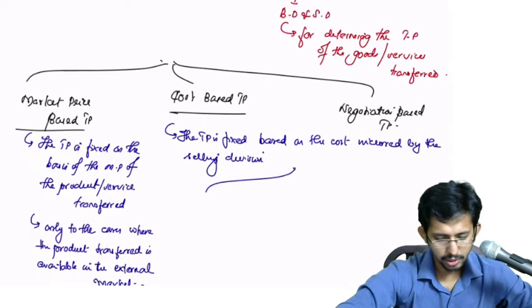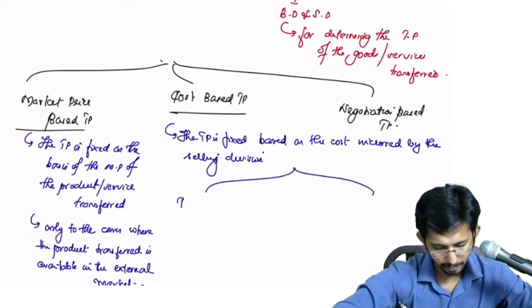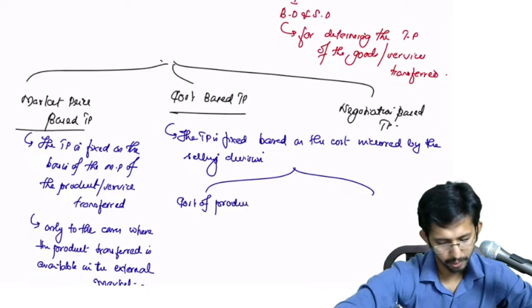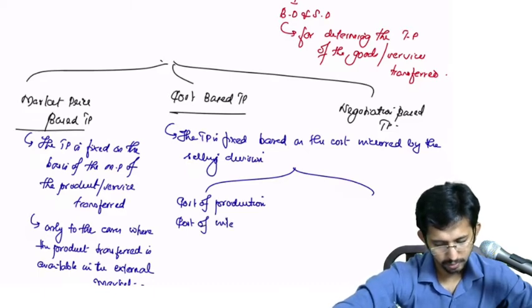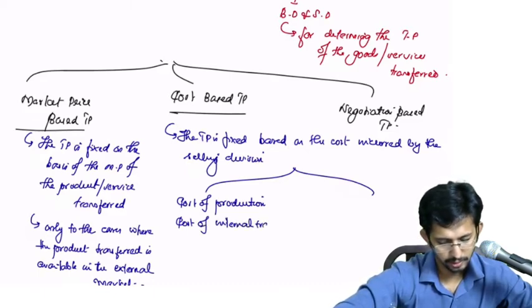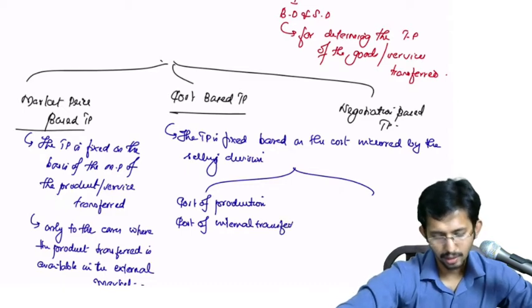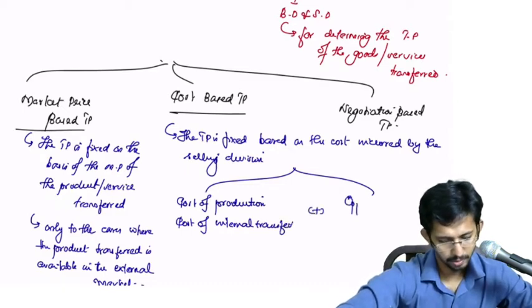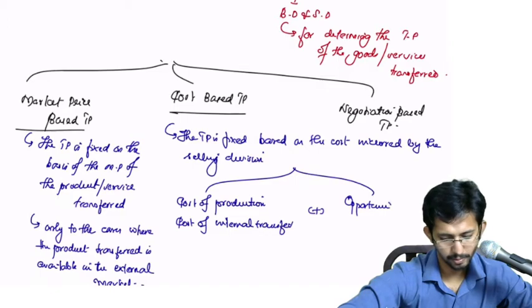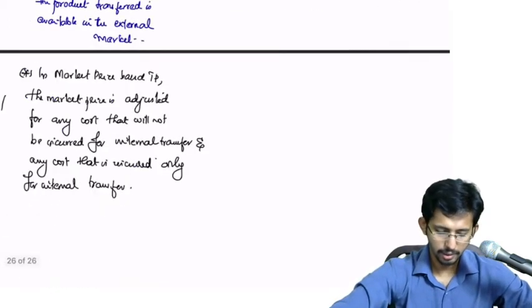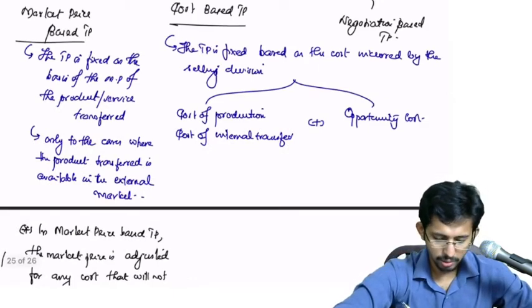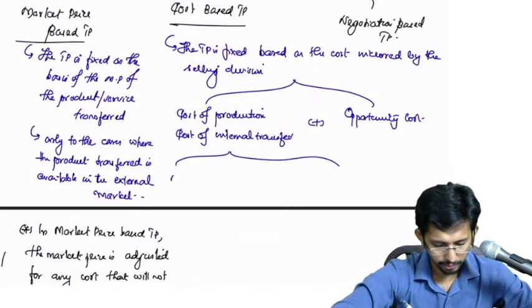Okay, cost can include cost of production or manufacture, then cost of internal transfer, also opportunity cost.